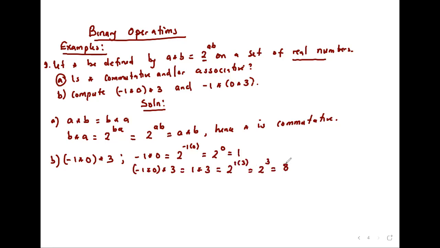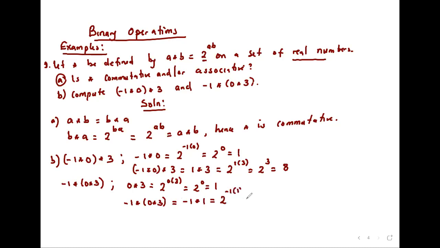Then you also get -1 star 0 star 3, and say I want to start with 0 star 3. That is 2 to the power 0 times 3, which is 2 to the power 0, which is 1. And then -1 star 0 star 3 is going to be -1 star 1, which is 2 to the power -1 times 1, giving us 2 power -1, which is 1 over 2.